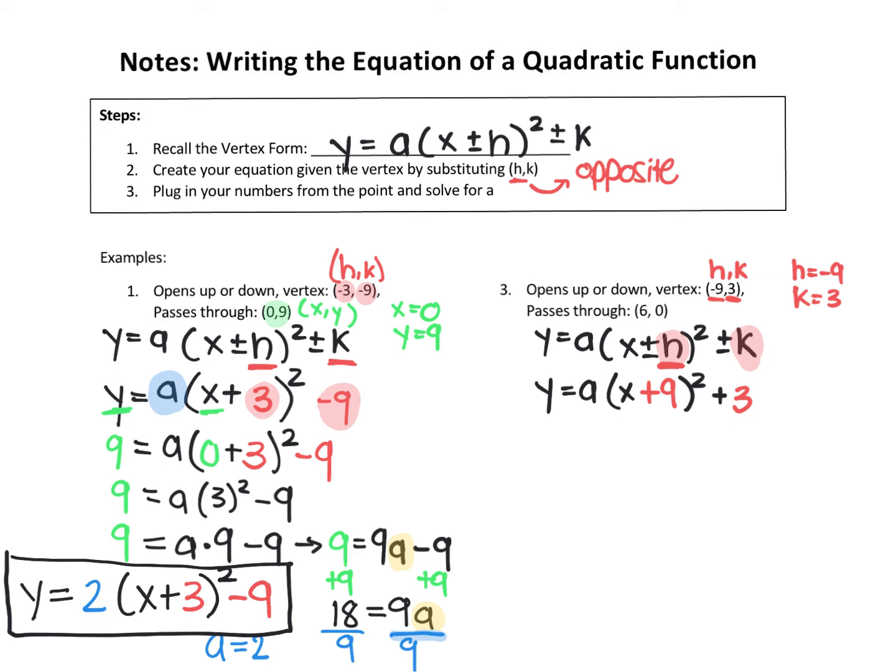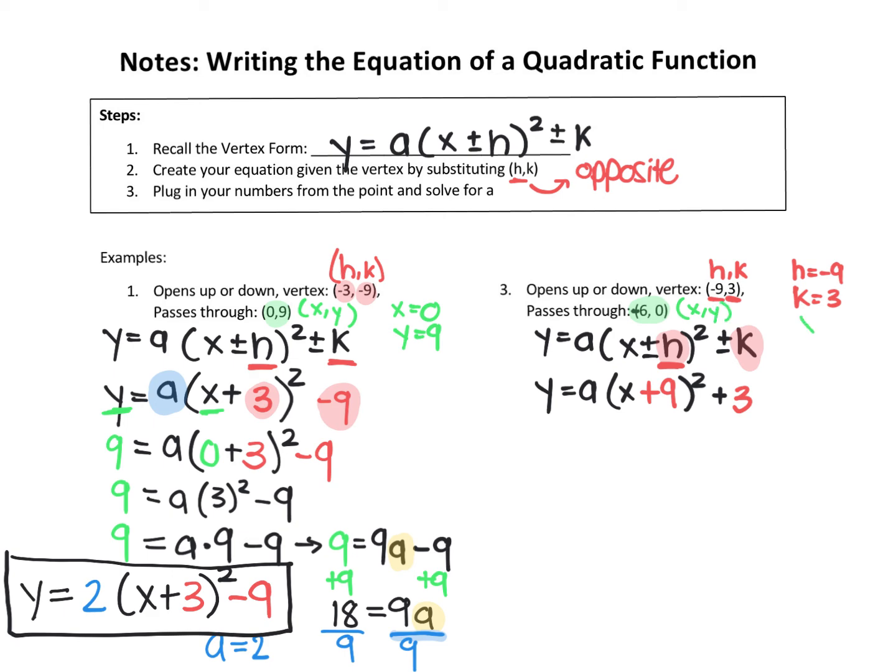Now that we have that done, my next step is going to be to plug in my point that I have into x and y. And so the point that we have on your paper says -6 comma 0. So that means that my x value and my y value are given.